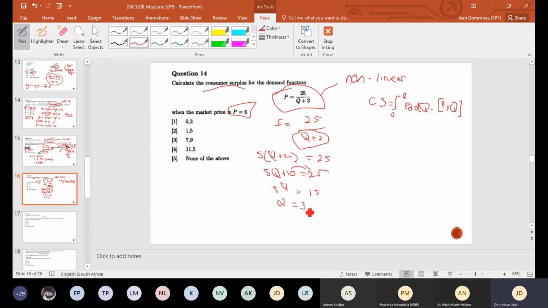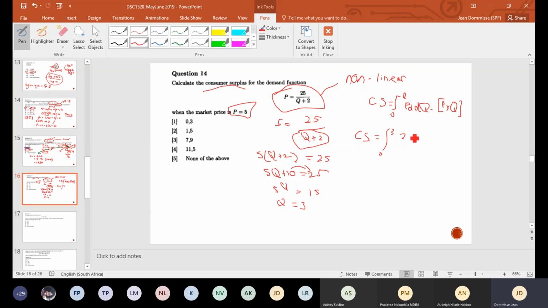Okay, so then we actually have enough. Let me clean up space here. We have enough information, I think, to answer this. So let's quickly see if I do have enough information. I know the Q is 3. My formula is actually, so we're working with that formula.